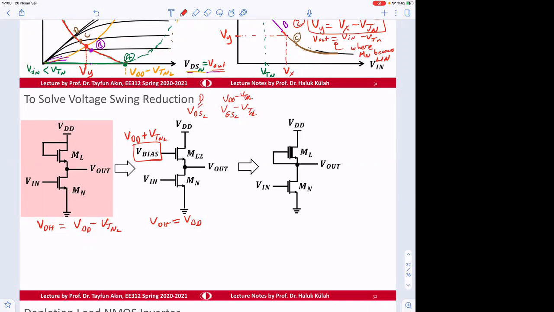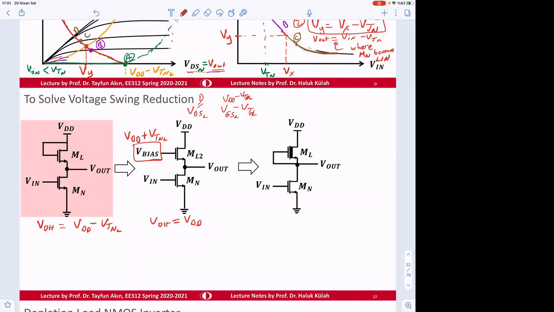So is that consistent? This becomes linear mode though, right? Drain to source equal to gate to source. Drain to source. Uh-oh, I'm confused. Yeah, sorry, this is going to be gate to source.